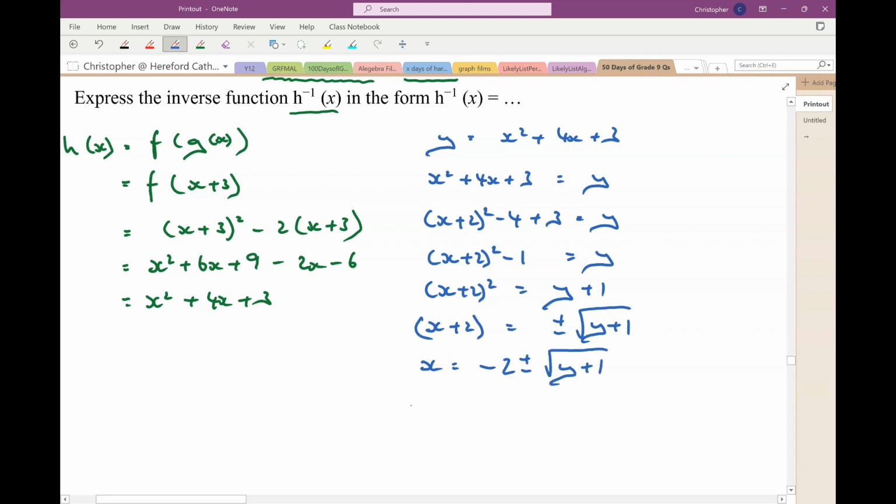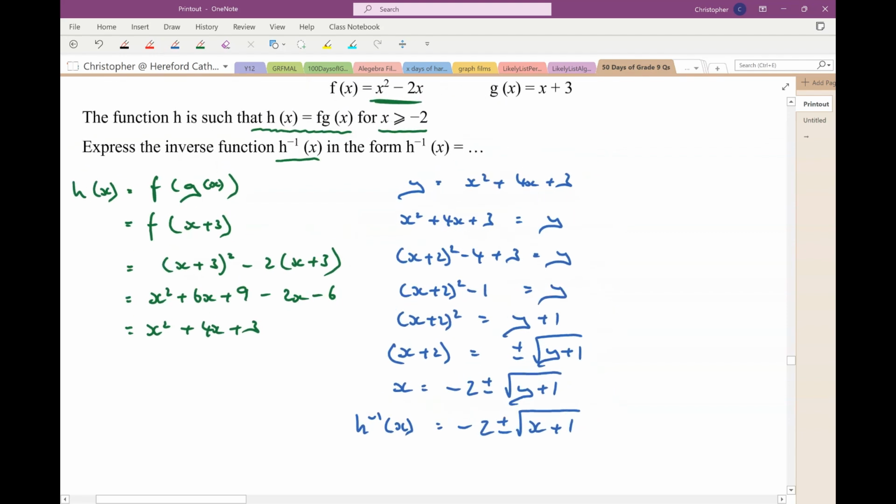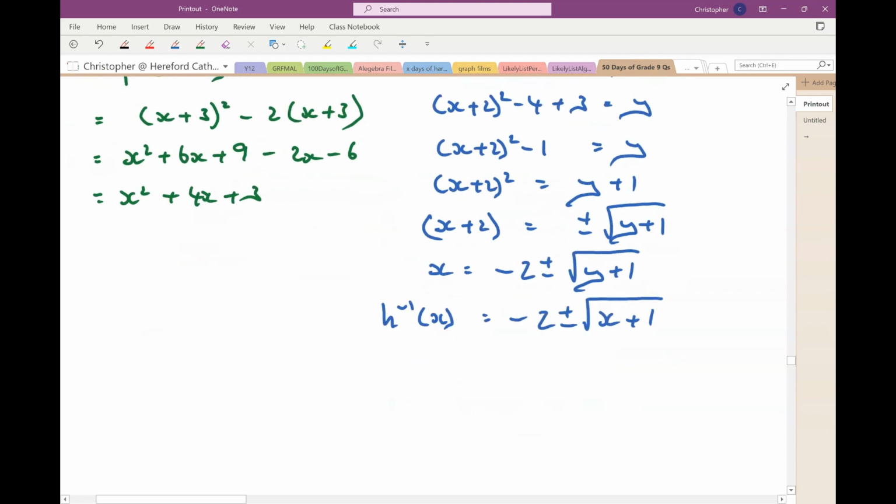So that's going to mean that the inverse function looks like minus 2 plus or minus the square root of x plus 1. But look out, because we know that x has to be greater than minus 2.